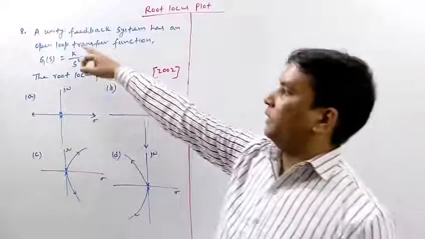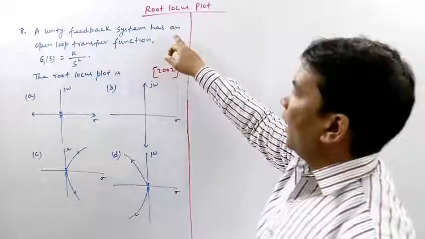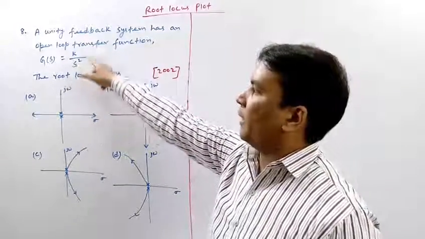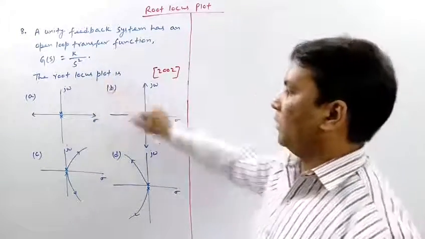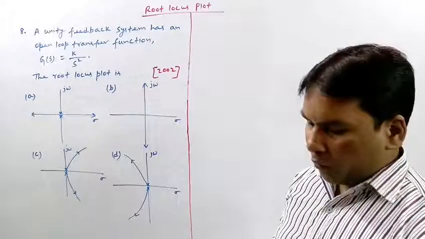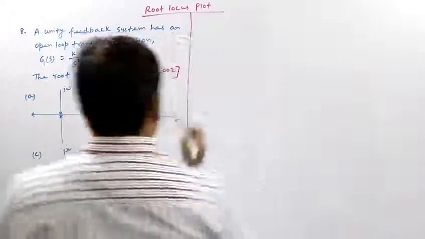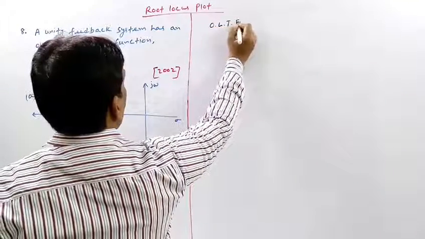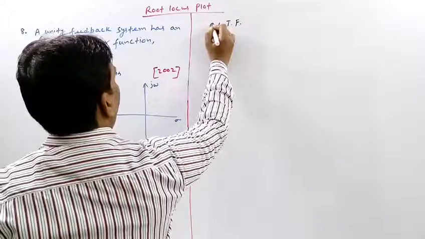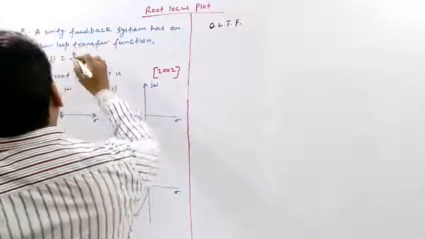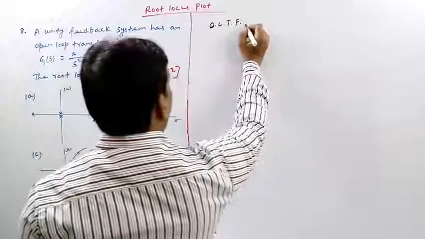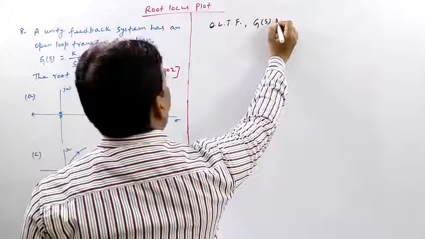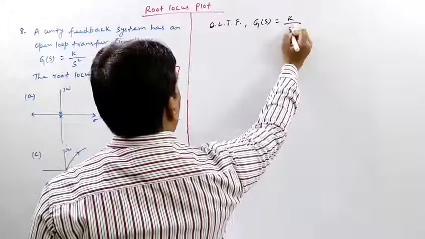The next question is, a unity feedback system has an open loop transfer function G(s) equal to K by s square. The root locus plot is, so the open loop transfer function is given as, since it is a unity feedback system, H(s) will be 1. So G(s) is given as K by s square.